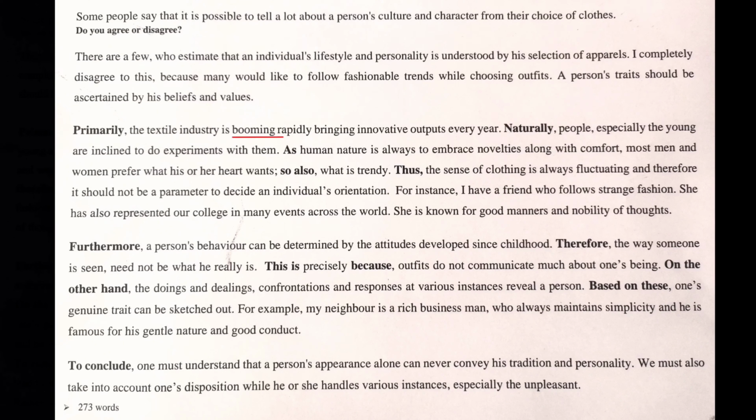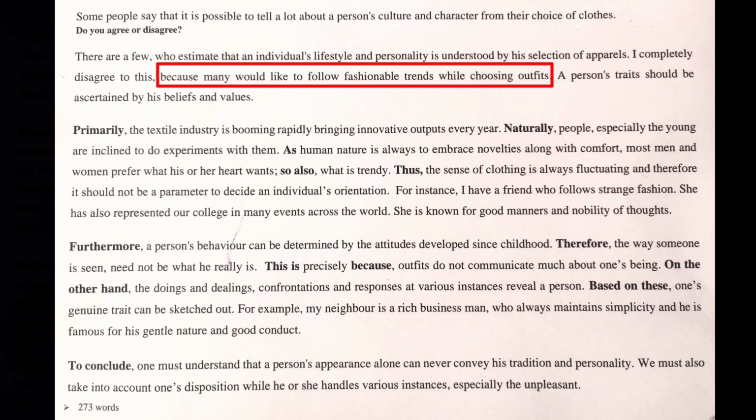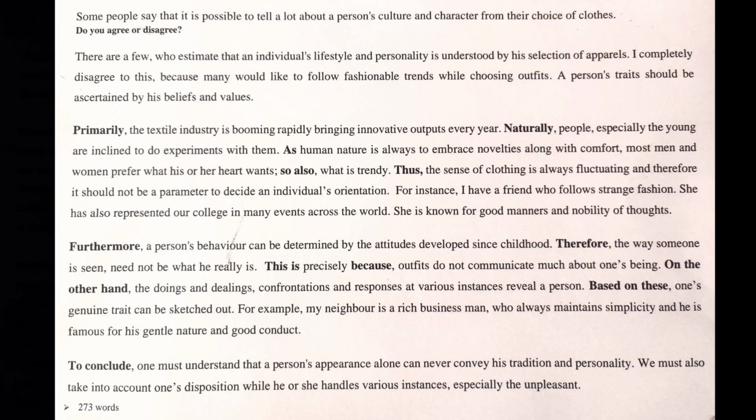Booming rapidly means growing fast. How? Bringing innovative outputs. Innovative means new outputs every year. Keep in mind, to write your topic sentence, ask a most appropriate question to the first point in the thesis statement. In this case, I asked what.